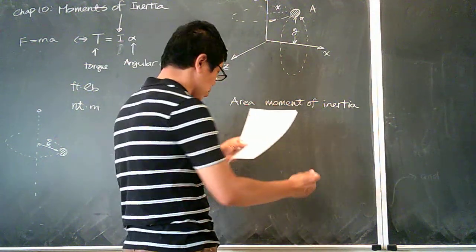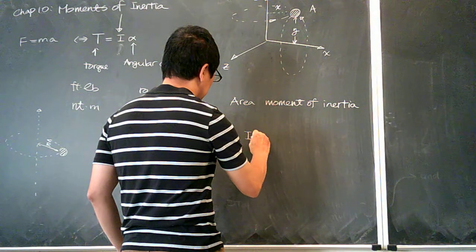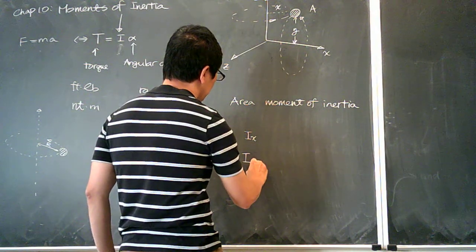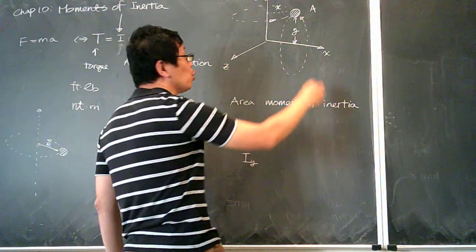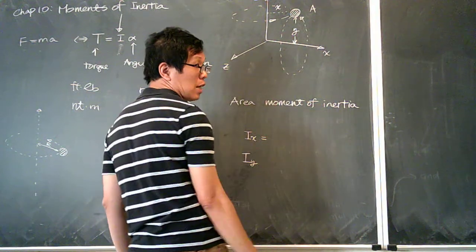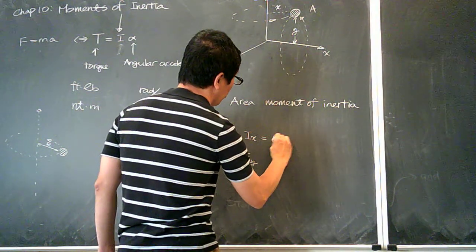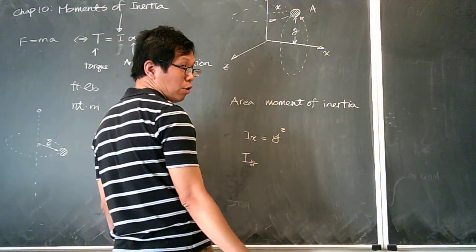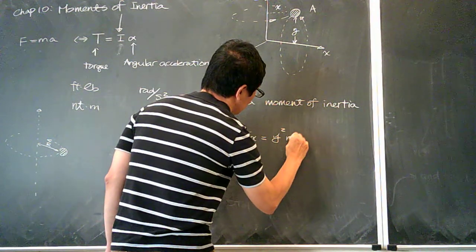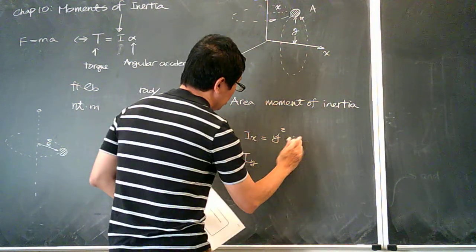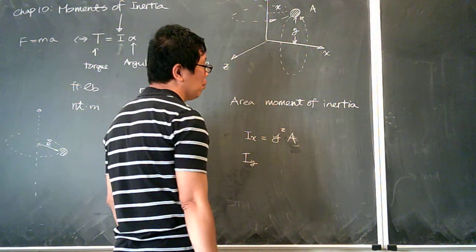Okay? So when you try to calculate the moment of inertia around the x-axis and y-axis, we follow two definitions. Ix equals the distance between the object and the x-axis, in this case y, and take the square of it, multiplied by the area, because we're talking about area moment of inertia.